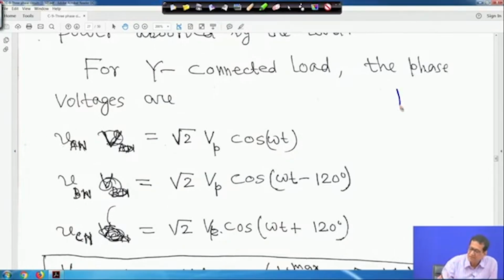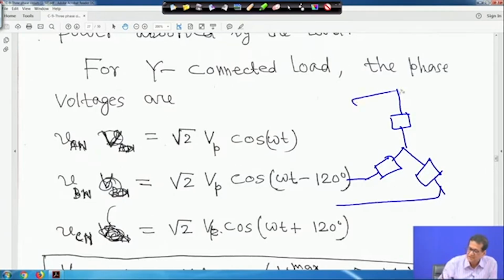Suppose we have, as I have drawn before, a star connected load, with terminals A, B, C and the neutral N. That's why this is called VAN, this is VBN, and this is VCN.